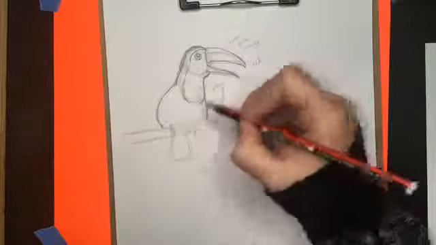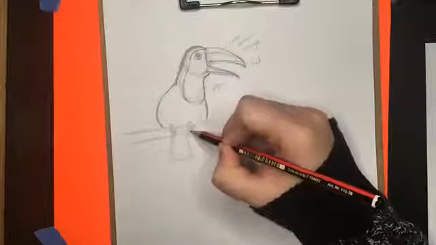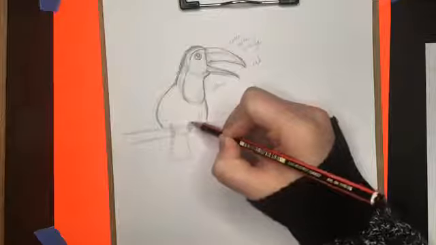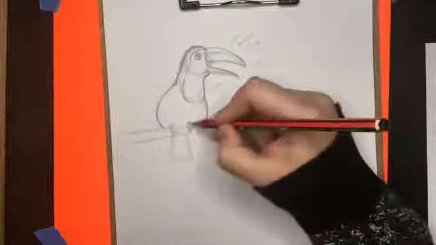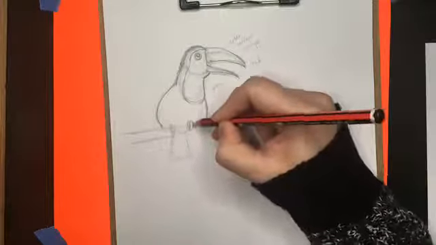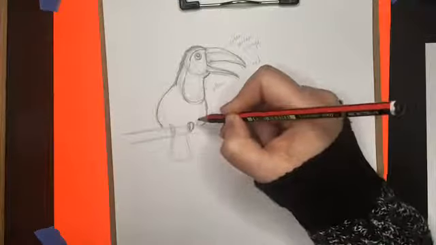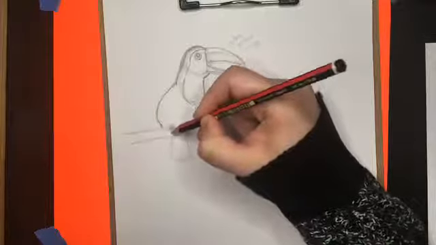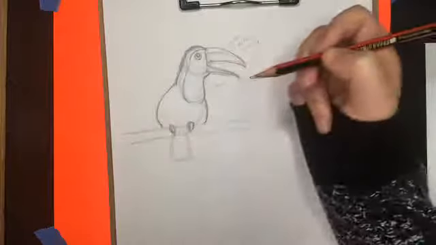And his talons, I don't know what they're called, feet. So there's a bigger toe and then two smaller toes. Bigger toe, two smaller toes on either side.